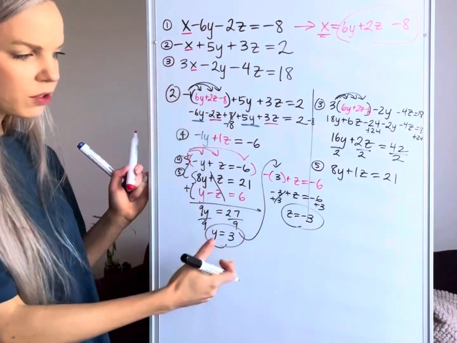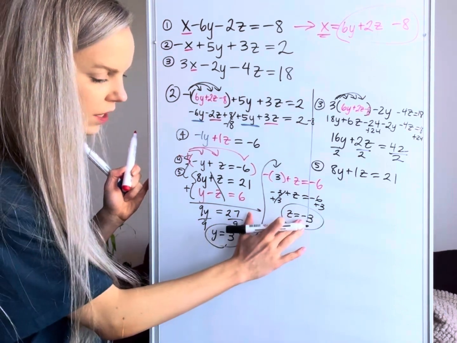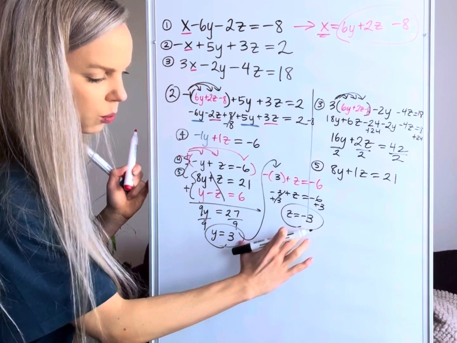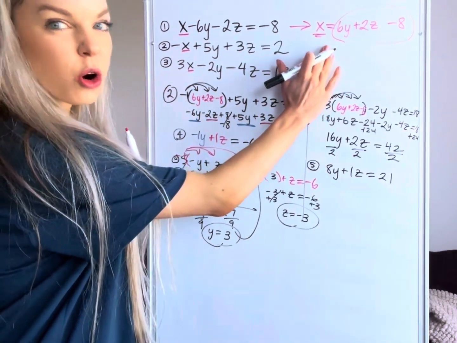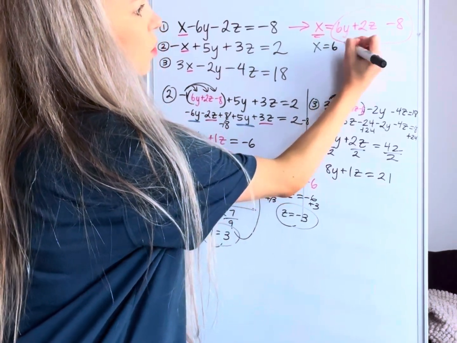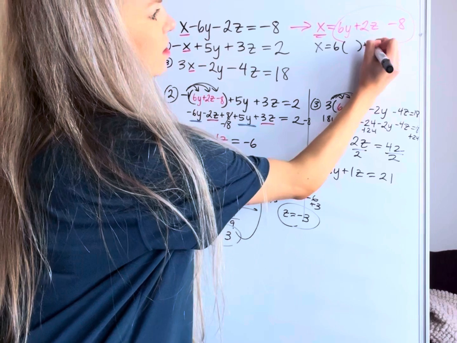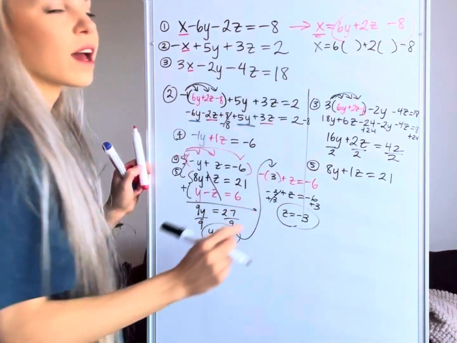Okay, and so after you solve this 2x2 system, you now have your y and your z. You take your y and z and go all the way back to this first step where we already solved it for x. Then we can substitute the y and the z values to solve for the x.